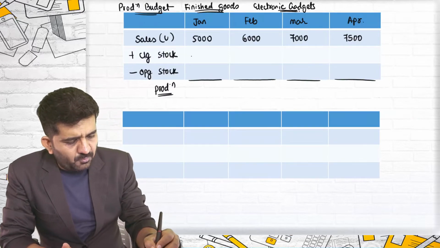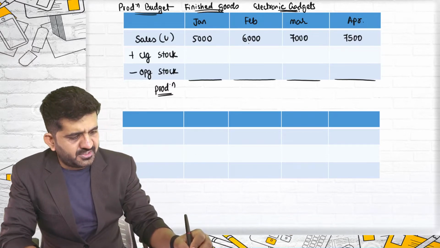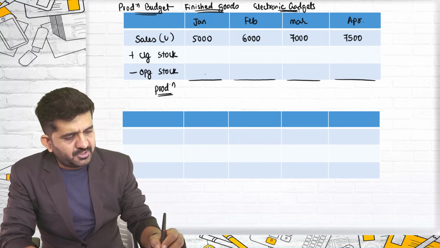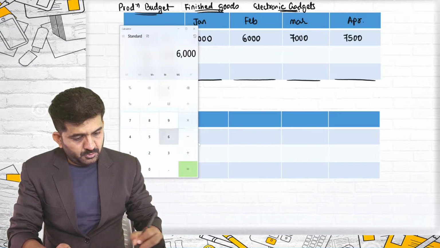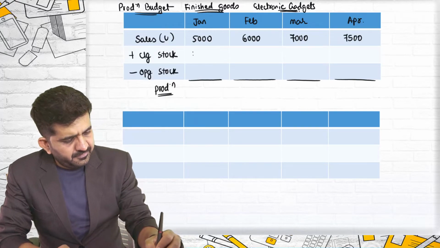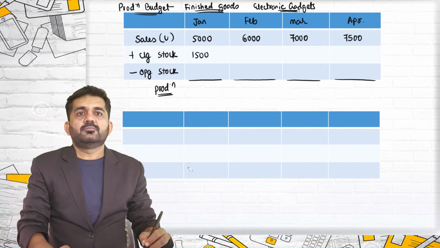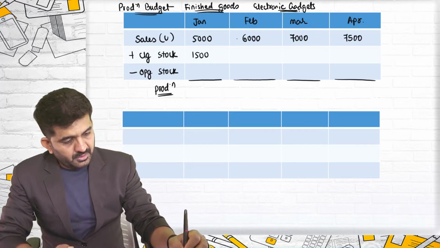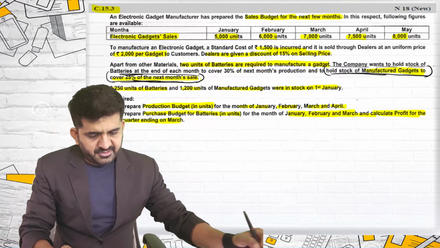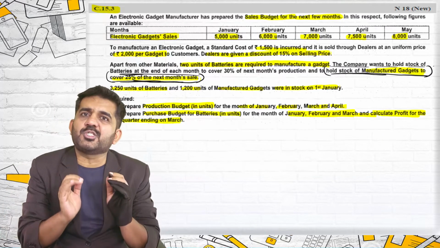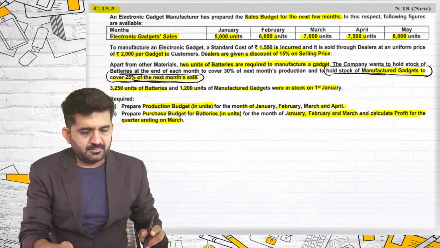So in January, what will be your closing stock? 25% of sales of February. What is sales of February? 6,000. 25% of 6,000 will be 6,000 divided by 4, which is 1,500. How did I do this? 6,000 multiplied by 25%. Why? It is written that for finished goods, what closing stock you keep so that you can cover 25% of next month's sales.